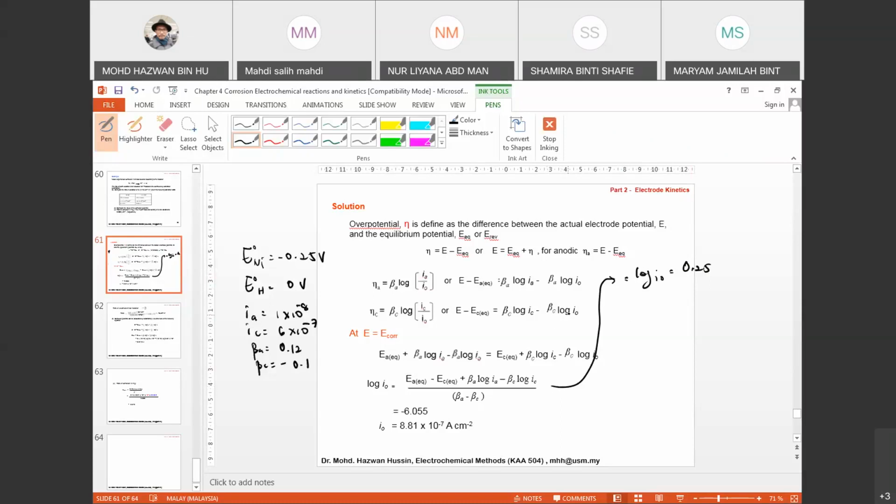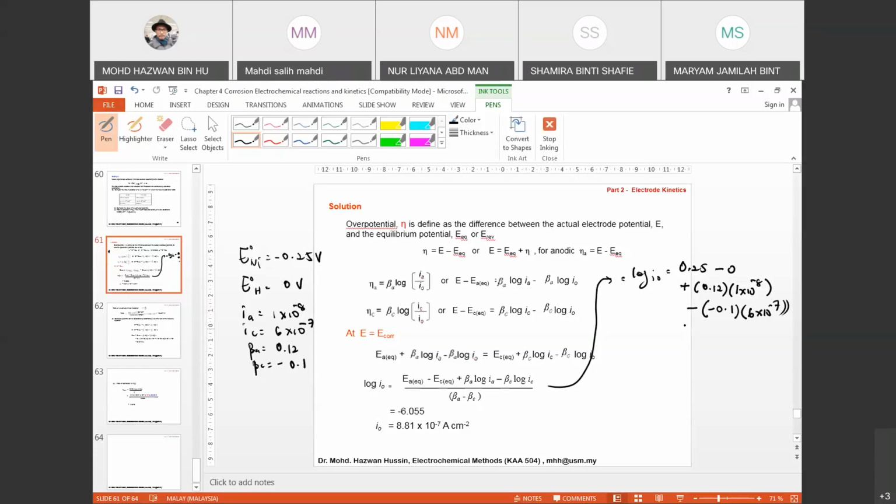So we just reverse the value to become positive, minus 0, plus 0.12 multiplied by log I A, which is 1 times 10 power of minus 8, minus minus 0.1 multiplied by 6 times 10 power of minus 7, divided by 0.12 minus minus 0.1. Can you try?